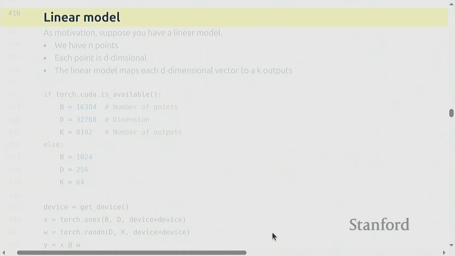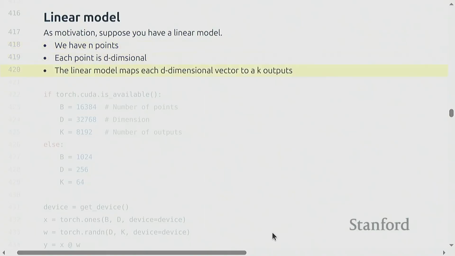So let's go through a simple example. Remember, we're not going to touch the transformer, but I think even a linear model gives us a lot of the building blocks and intuitions. So suppose we have n points. Each point is d-dimensional, and the linear model is just going to map each d-dimensional vector to a k-dimensional vector.